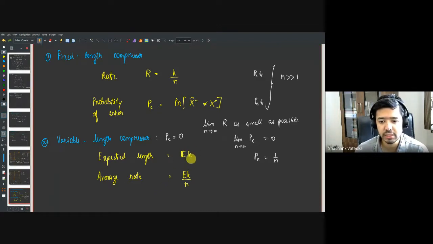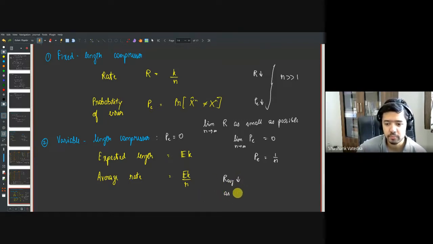Since k is now a function of x^n, for different source sequences the length of the compressed sequence could be different. So you want to make sure that on average, the compressed file is small. So we want the average rate to be as small as possible.